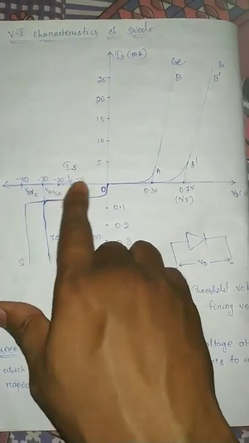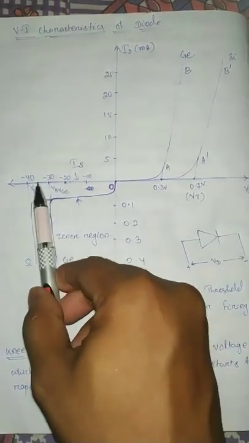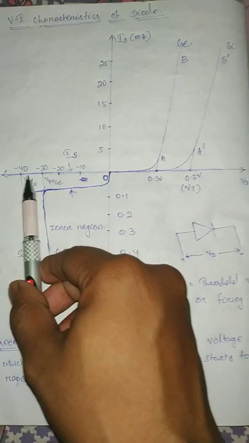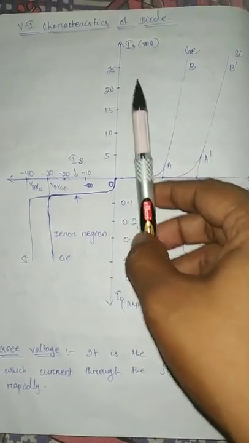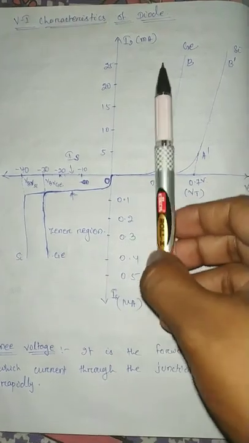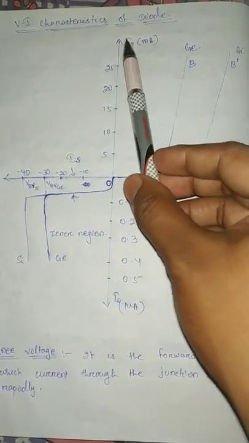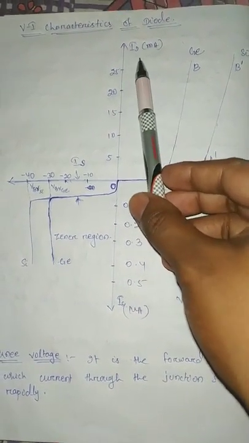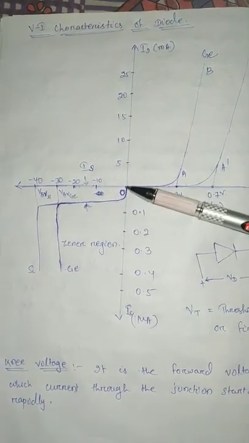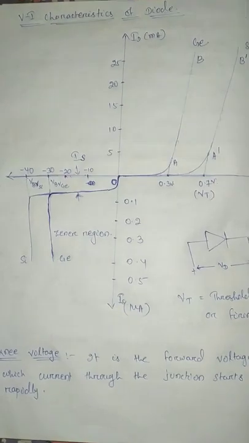The horizontal axis represents the supply voltage in volt, and the vertical axis represents the diode current in milliampere.